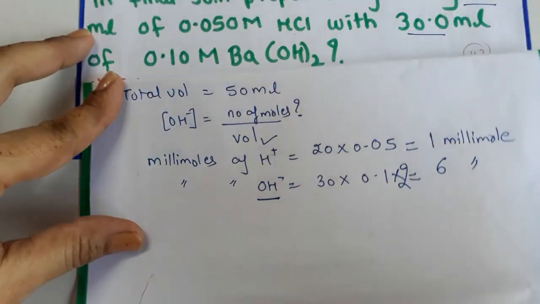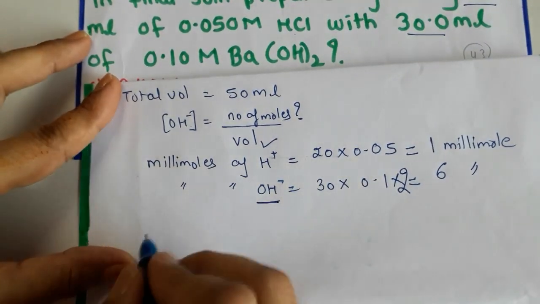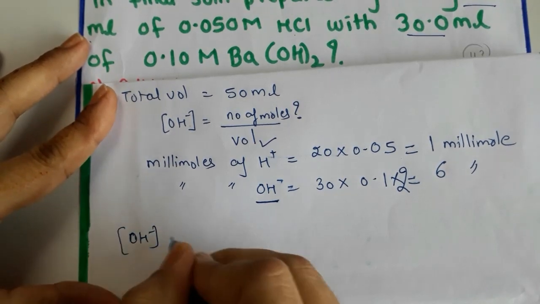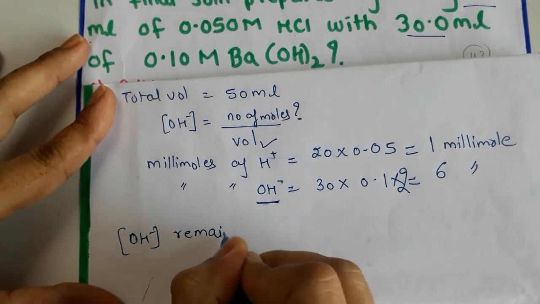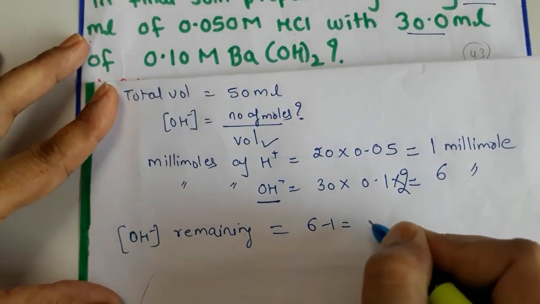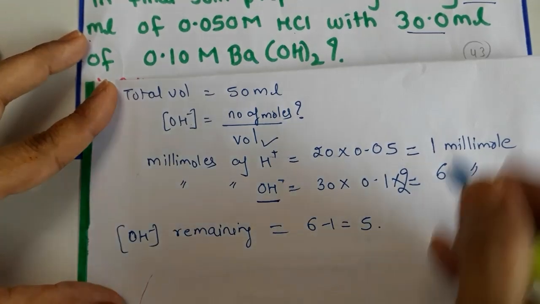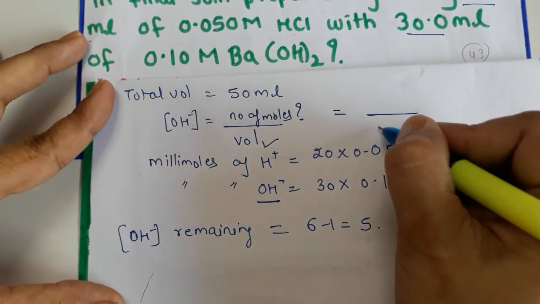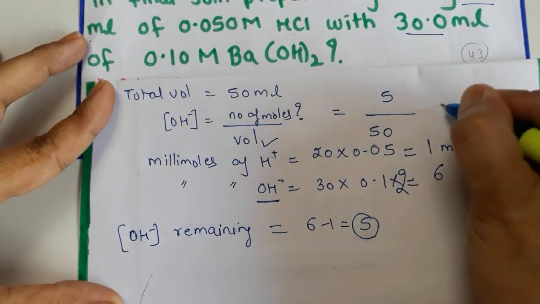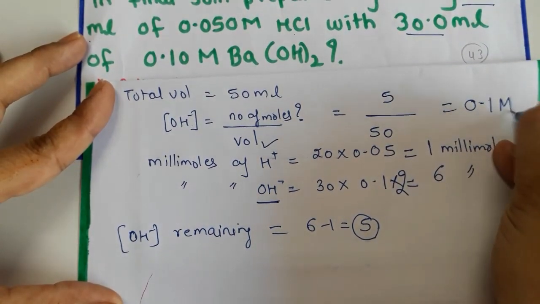So the OH minus remaining, which have not reacted, which are left out, will be 6 minus 1, that is 5. Now I substitute this value over here. Total volume is 50 and this 5 I write, and the answer would be 0.1 molar.